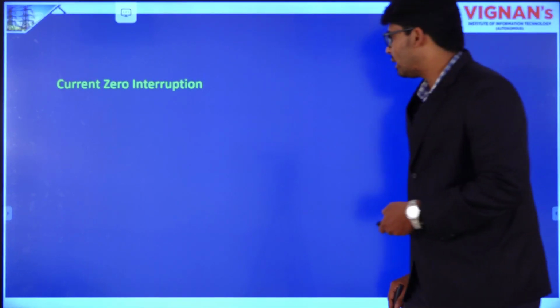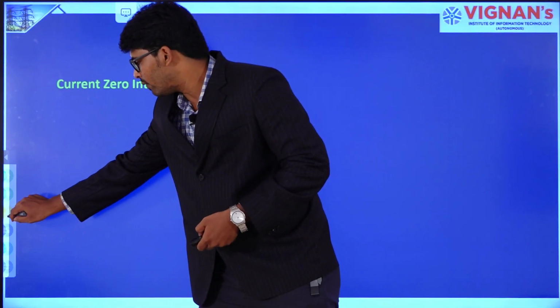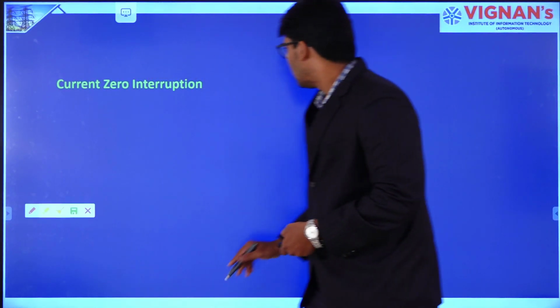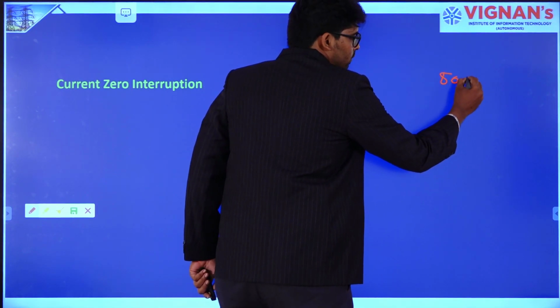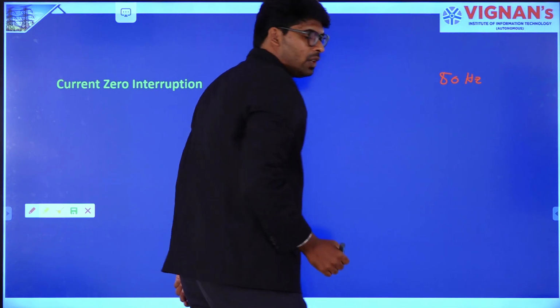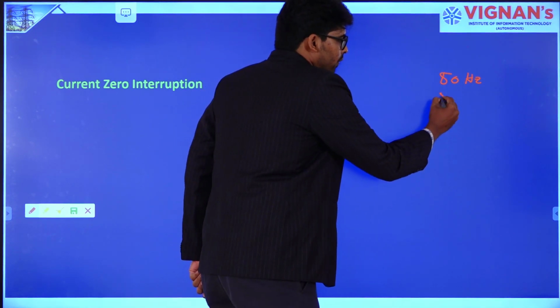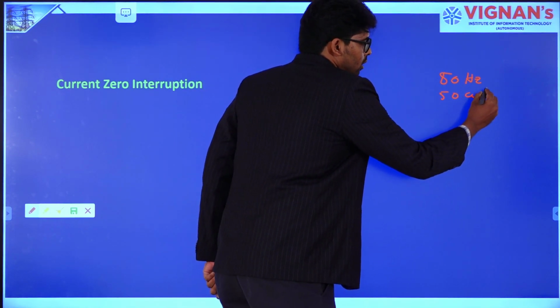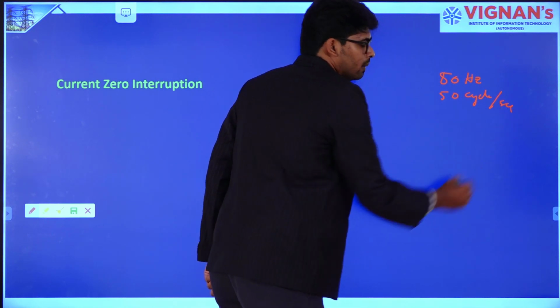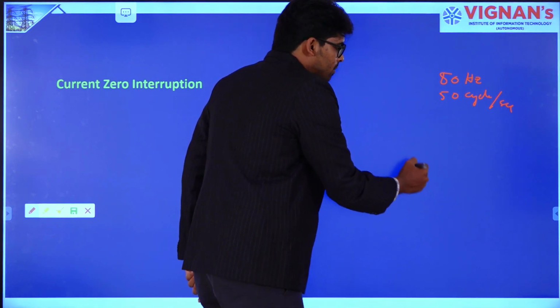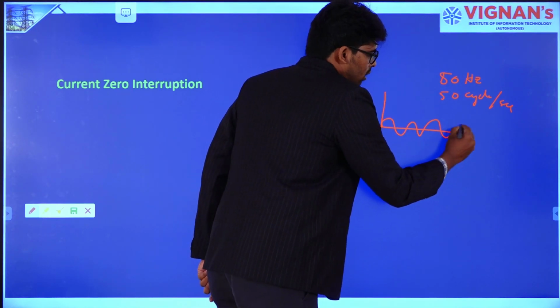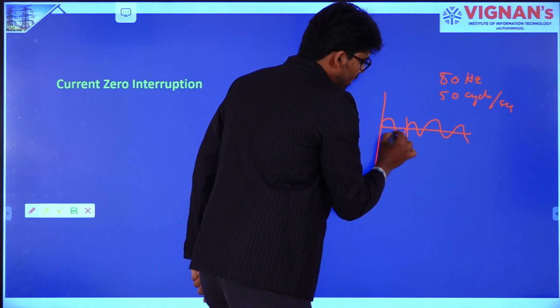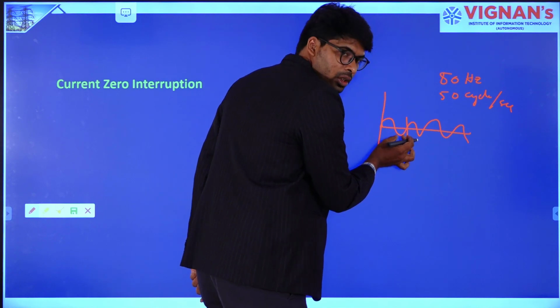You already know that our supply is 50 Hertz, right? 50 Hertz supply means 50 cycles per second. For each cycle you have 2 current zero points.